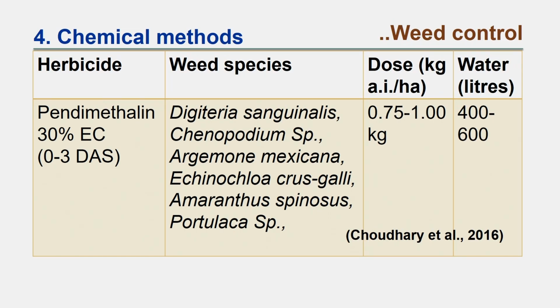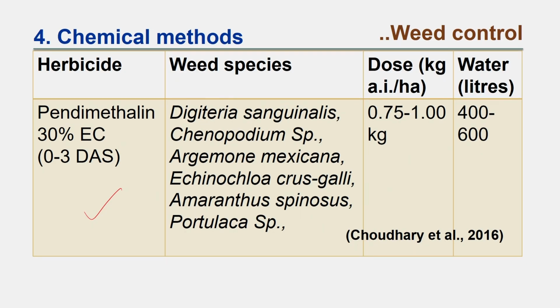Now we have some chemical methods also, chemical methods of weed control in jute crop. One can use herbicides to control the weeds, like pendimethalin 30% EC, which should be used at 0 to 3 days after sowing.